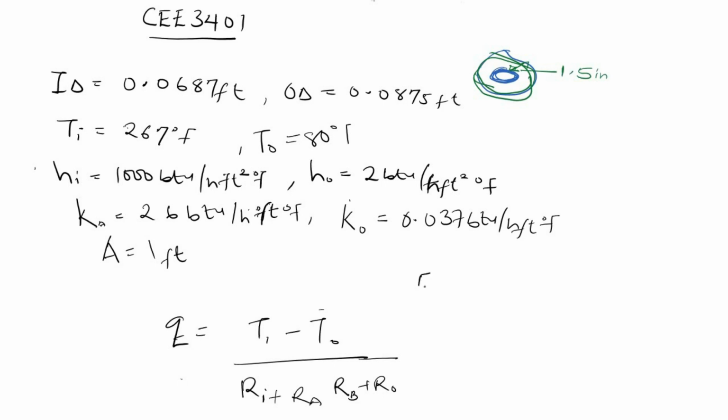So the radius, we say Ri, is going to be that diameter over 2, which is what?